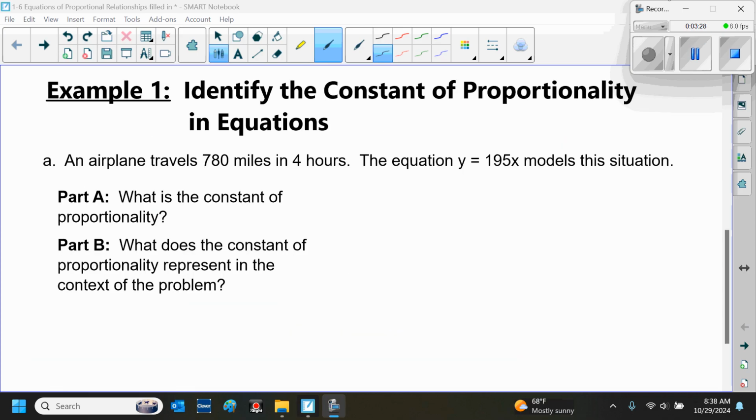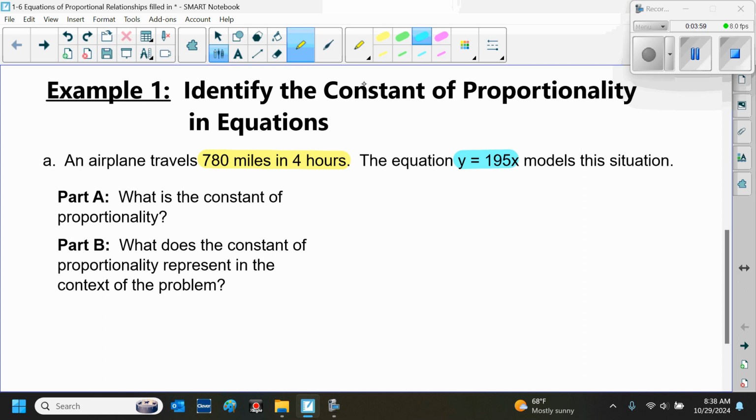For example 1, we want to identify the constant of proportionality in equations. It says an airplane travels 780 miles in 4 hours. Write down the important information: 780 miles in 4 hours. They've already written the equation, and we want to look for the constant of proportionality. The equation is y is equal to 195x. That models the situation.